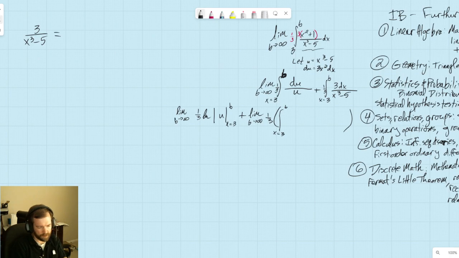Alright, so if we do x cubed minus 5. Oh. What? Okay, yeah. There. Alright, this gets us to a number that is approximately 1.71. Just shy of 1.71.